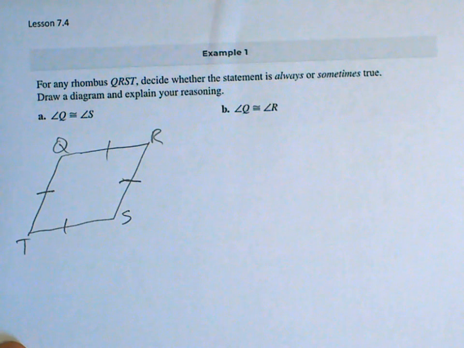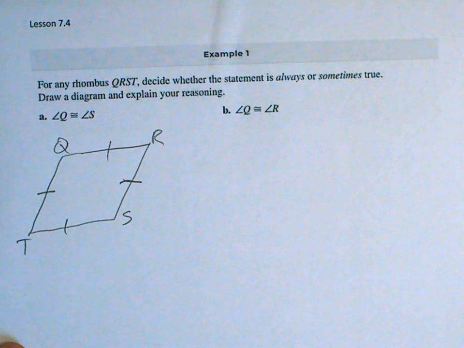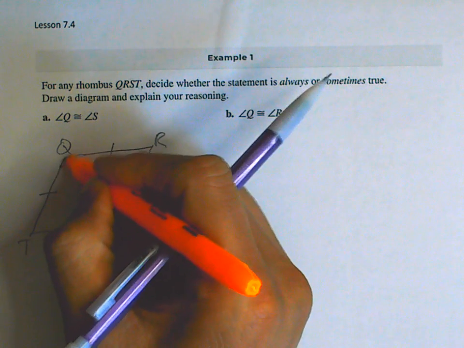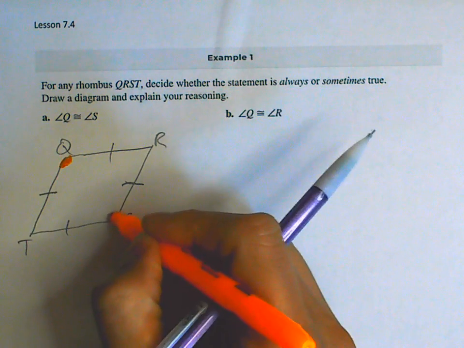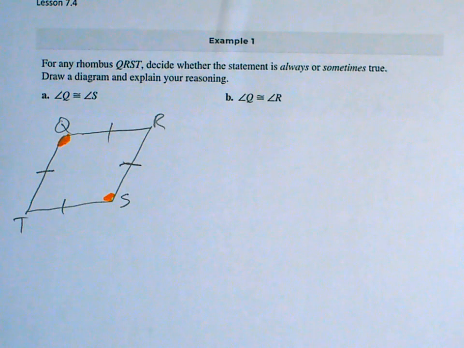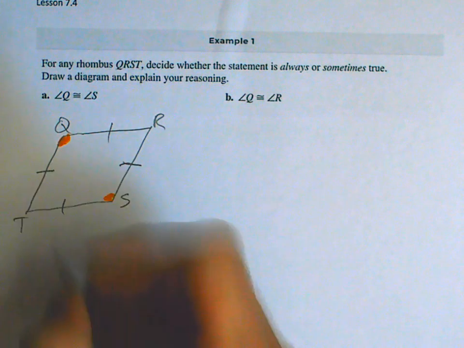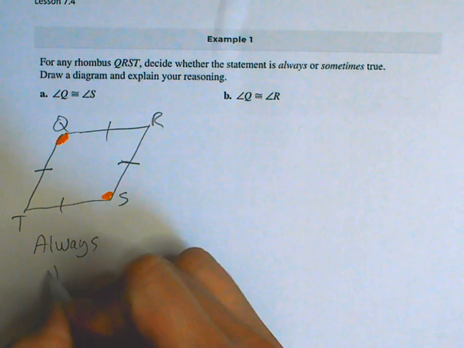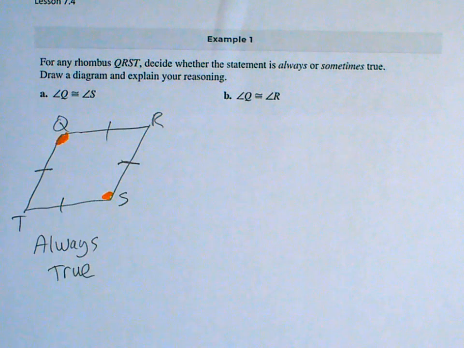Okay, so Q congruent to S. Well, let's identify it. Q and S happen to be opposite angles. So remember, this is also a parallelogram. So rhombuses follow all the properties of parallelograms. So is this always going to be true? Yes, it will always be true, because they're opposite angles.